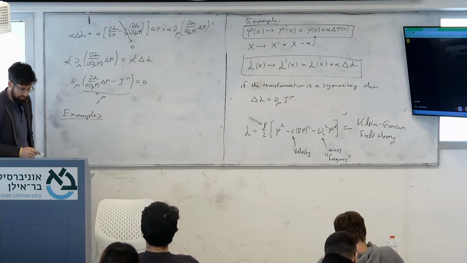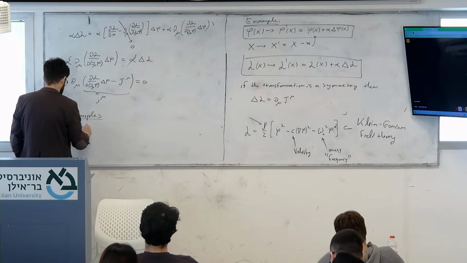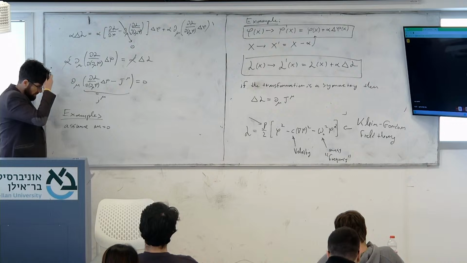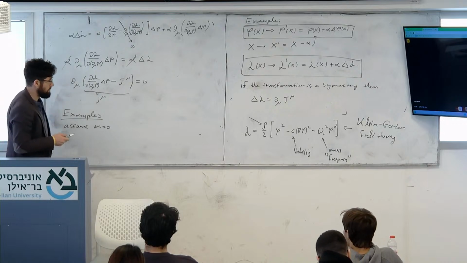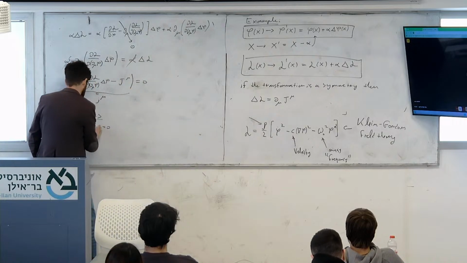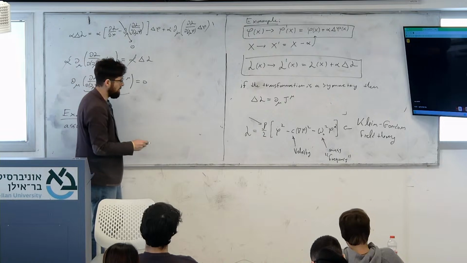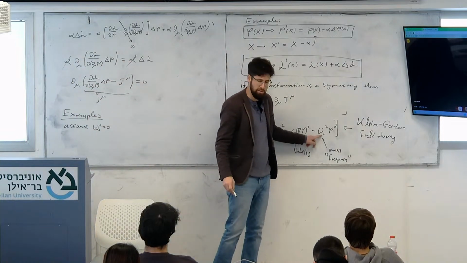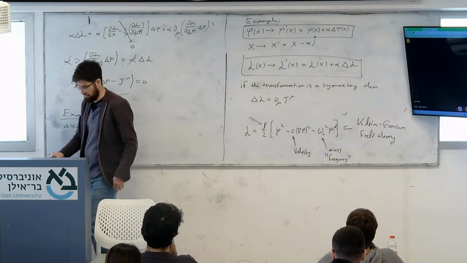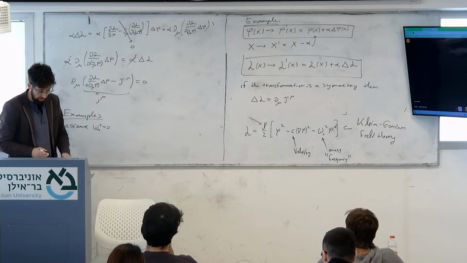So the first one is assume m is equal to 0. Okay, so I'm looking at this theory. Not m, sorry. I will probably interchange between omega naught squared and m squared a bit.